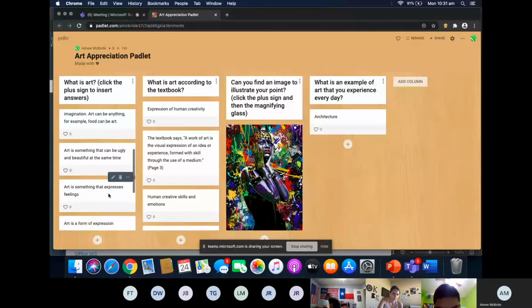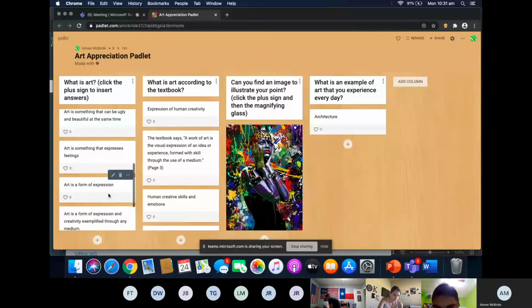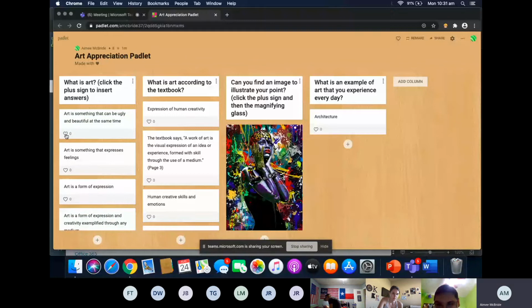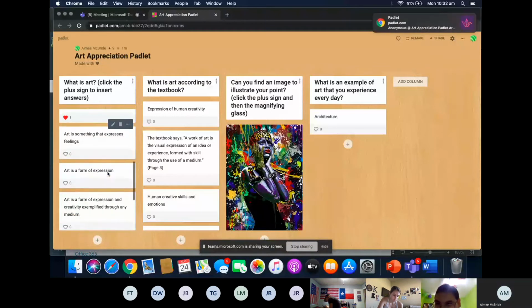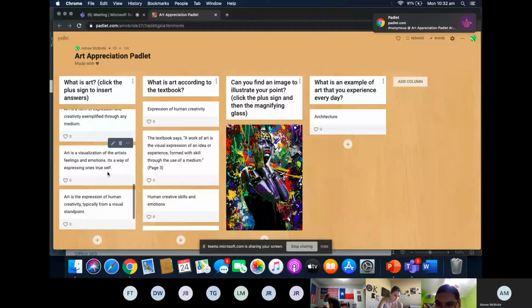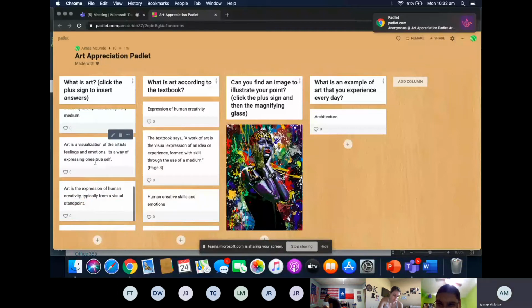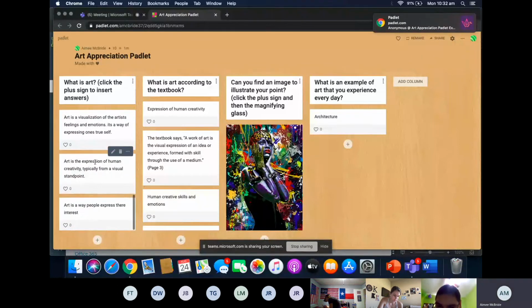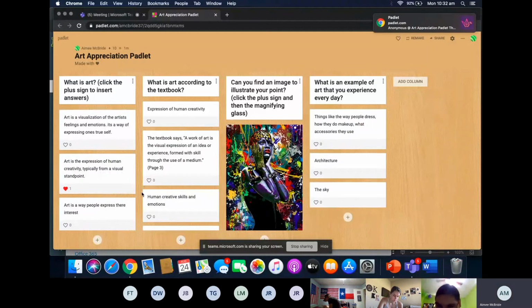Expression. I like this one. Art can be something that can be ugly and beautiful at the same time. That's good. Expression of human creativity. I like that one.